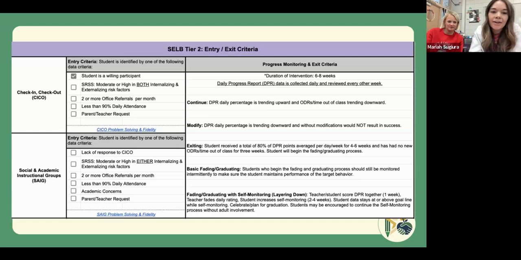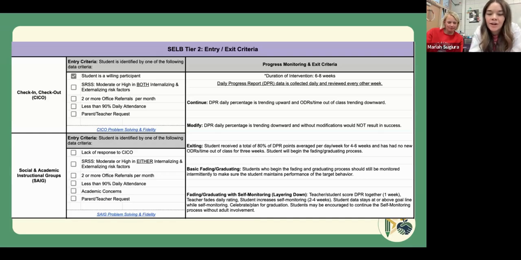If they are unsuccessful or could use another layer, we move into what's called SAIG, a social and academic instructional group. For students who aren't responding to check in, check out, an option would be this small group, typically about 4 to 6 students within the same grade level. We repeat Boys Town skills, those 15 basic skills like following directions, listening, staying on task, and disagreeing appropriately.